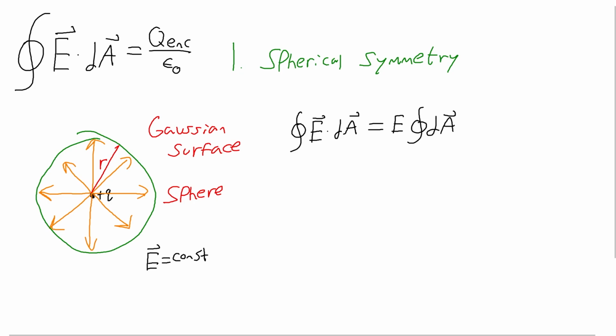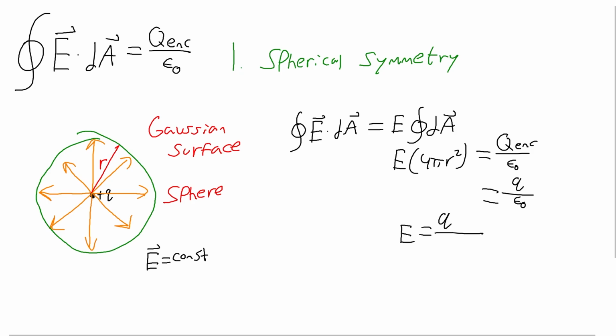Now the surface integral of a sphere is just 4 pi r squared, and then you add the right hand side of Gauss's law, and the charge enclosed is just this one point charge, so it's just Q, and then you can rewrite this whole expression to solve for E. And it's as simple as that.